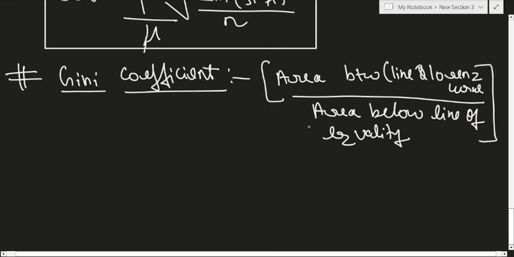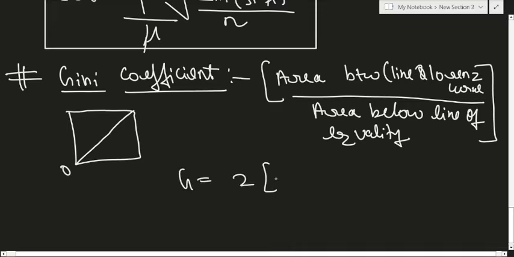But the area below the line of equality is half, because you must remember we have a square box. This is the line of equality, and the area below it is half because it is exactly cutting the square in half. So the Gini coefficient value comes out to be twice the area between the line and the Lorenz curve.